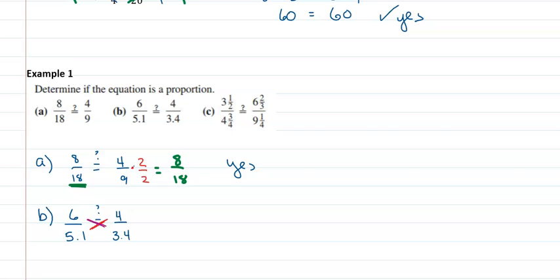Okay. So the purple one, I'm going to say 6 times 3.4. Does that equal 5.1 times 4? Okay, so this was the cross product of 5.1 times 4. All right, so when you multiply those out, you should get 6 times 3.4 is 20.4.